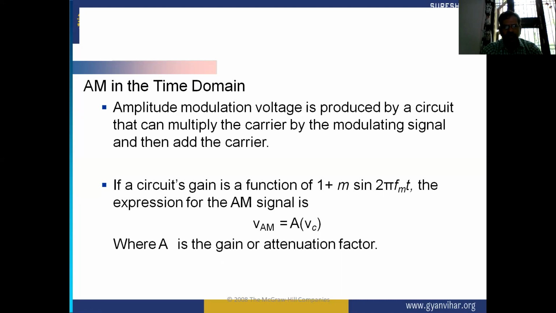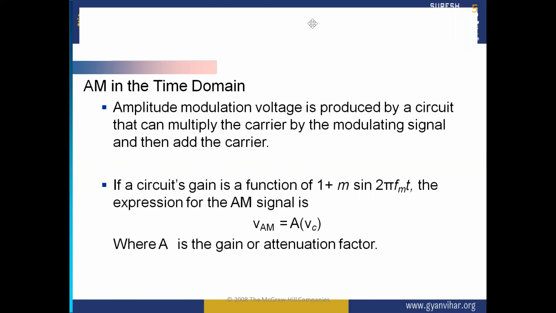If a circuit gain is found as a function of 1 plus m sine 2 pi fmt, the expression for the AM signal is AM equals A times Vc, where A is the gain or attenuation factor.